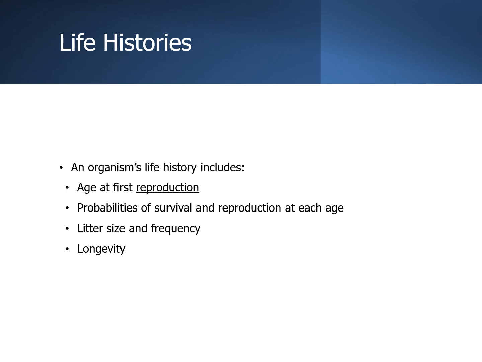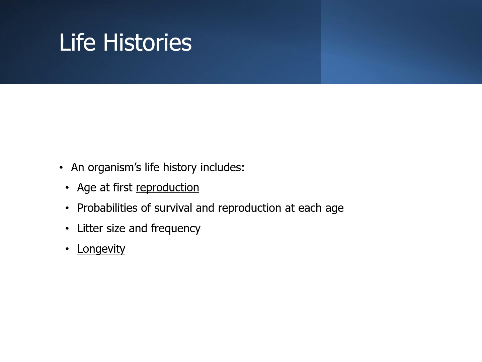All right, moving on to something a little bit more interesting, I think. Maybe you'll like this. And that is a species' life history, or an organism's life history. And when we talk about a life history, what this is talking about is a species' vital statistics. And what those statistics include are the age at first reproduction.